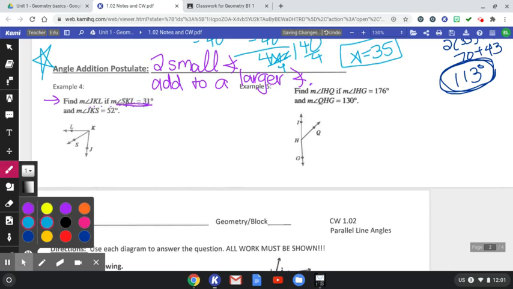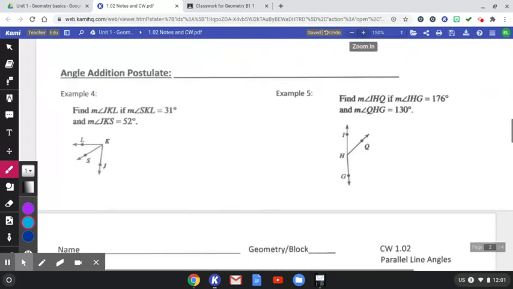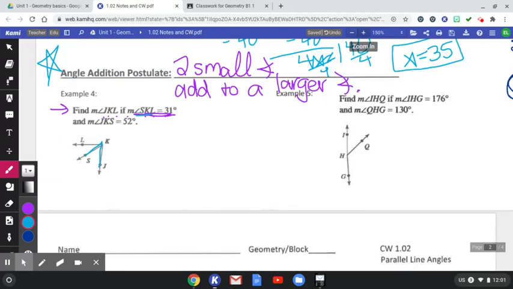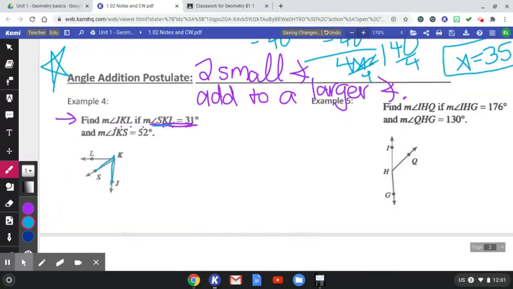So we've got to trace S to K to L. S to K to L is 31. And if I zoom in there, okay, this opening here from here to here is 31 degrees.